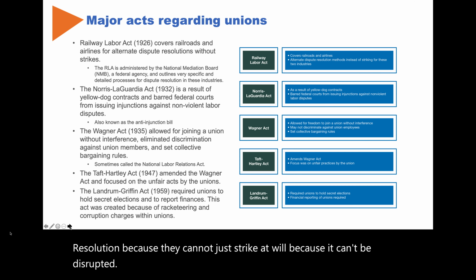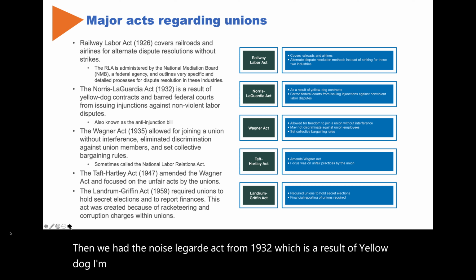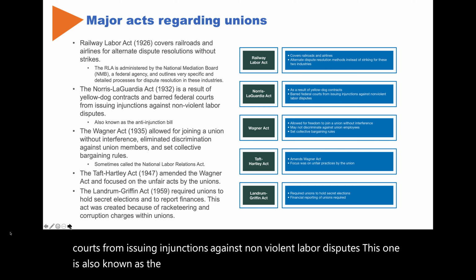Then we have the Norris-LaGuardia Act from 1932, which is a result of yellow dog contracts. And so this act actually barred federal courts from issuing injunctions against non-violent labor disputes. This one is also known as the Anti-Injunction Bill.